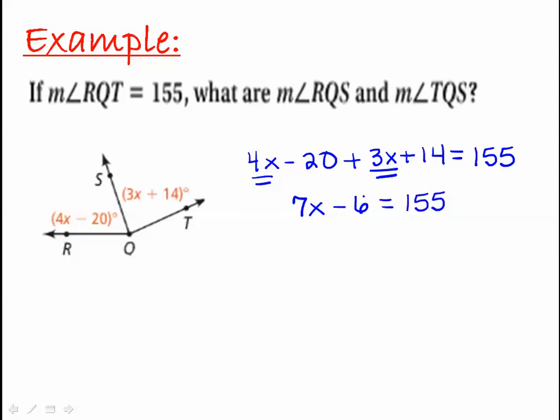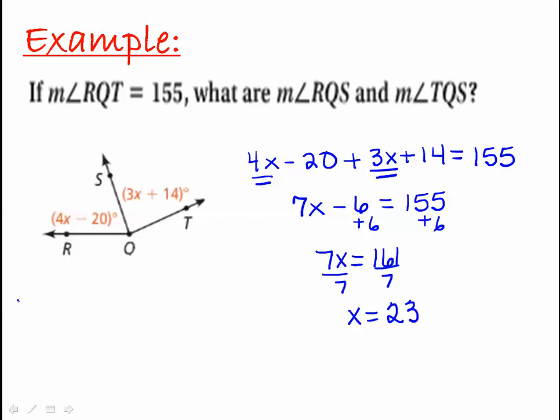We now add 6 to bring that to the other side. So 7x is equal to 161. If we divide both sides by 7, we find that x is 23. Now, it did not ask us just to find x. We need to find the measure of each of those smaller angles.